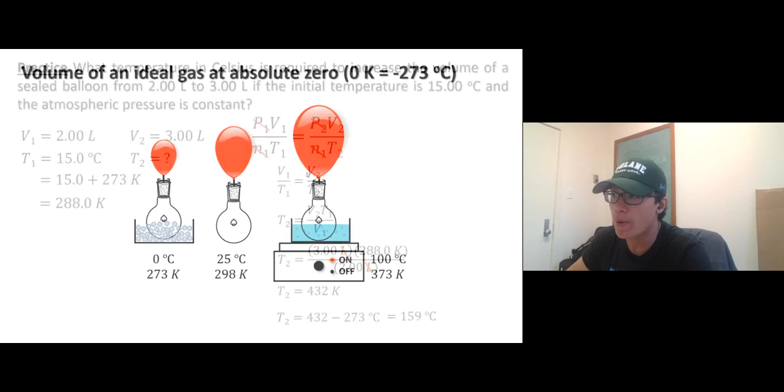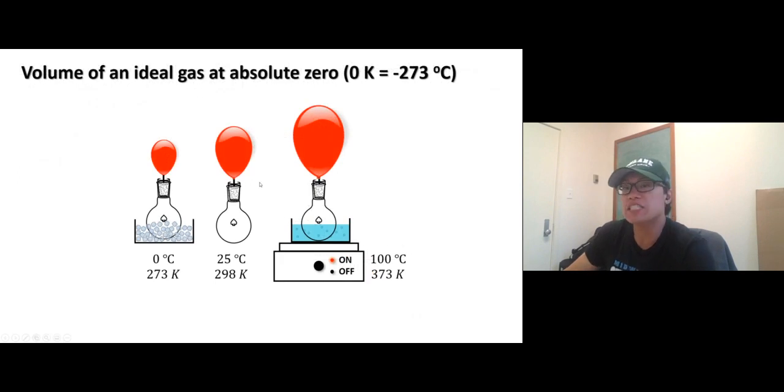Okay. So that's just the thinking. Charles thought that, well, if we increase the temperature, so to the right, the volume of the gas also increases. If we decrease the temperature, the volume goes down. What if we just keep decreasing the temperature? Will we get to the point that the volume of the gas goes to 0?